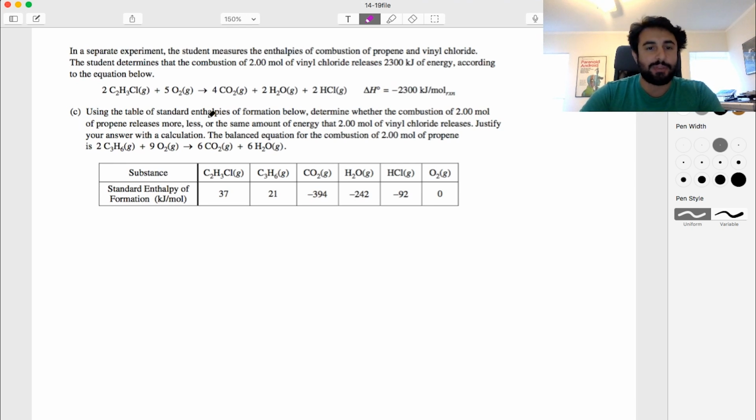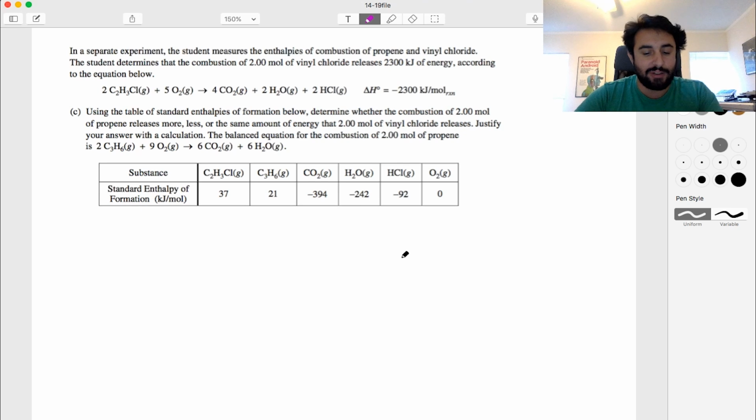Now, using the table of standard enthalpies of formation, we want to determine whether the combustion of 2 moles of propene, the other subunit to get the other polymer, would release more, less, or the same amount of energy that 2 moles of vinyl chloride releases. So here's that balanced equation. We have to do a calculation here. We have to use these enthalpies of formation. So let's go ahead and do it.